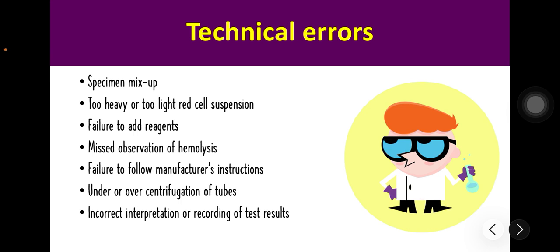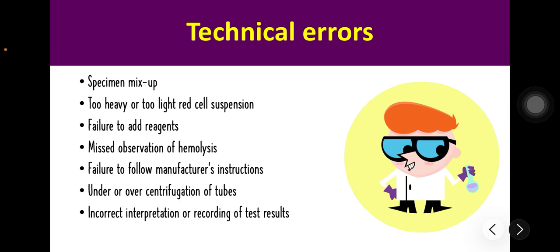If too light, less than 2%, a suspension that is too thin can lead to prozone effect or antibody excess, or fall outside the zone of equivalence, making reactions appear weaker than expected or entirely negative. Failure to add reagents. So if we fail to add a reagent such as anti-A, anti-B, or reagent cells such as the known A1 or the known B cells, there will be no reaction even if the corresponding antigen or antibody is present.